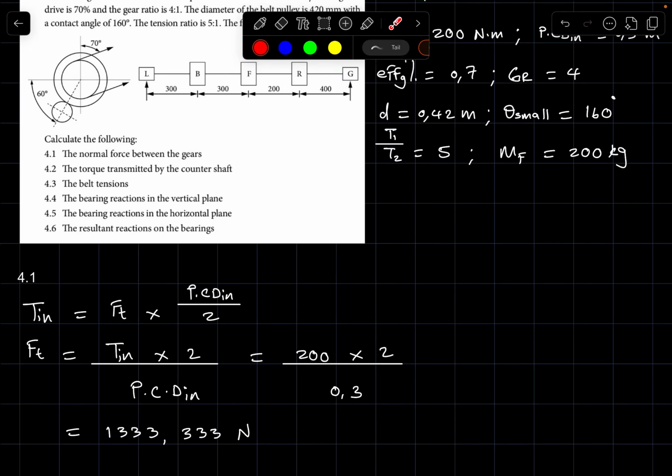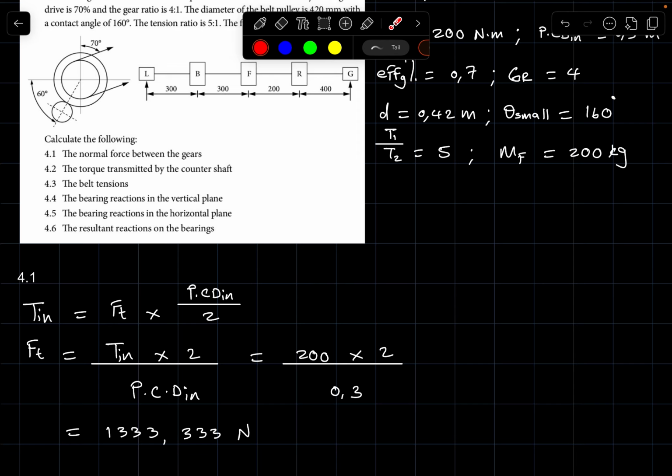Having established the direction of the normal force relative to the gear system, we now have to align it so we know exactly where it will be acting if we superimpose it onto this schematic illustration.